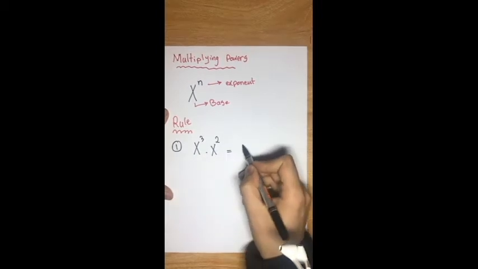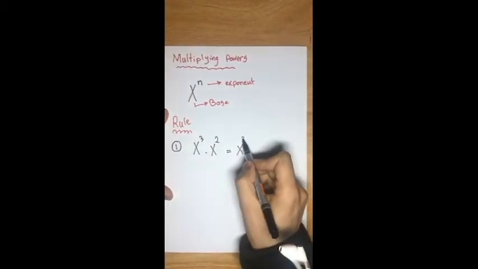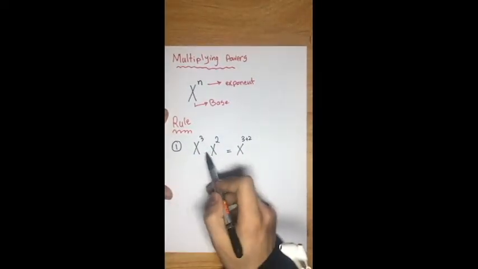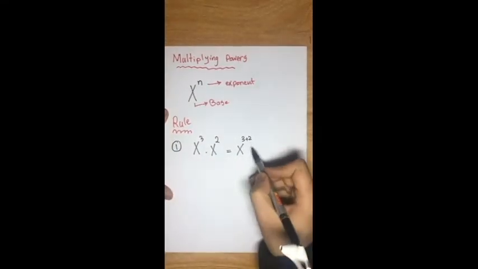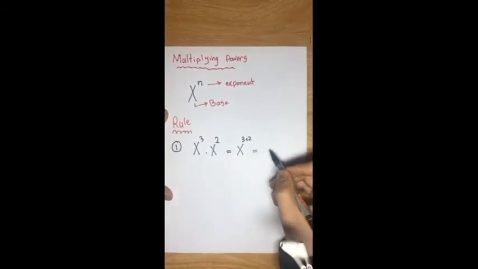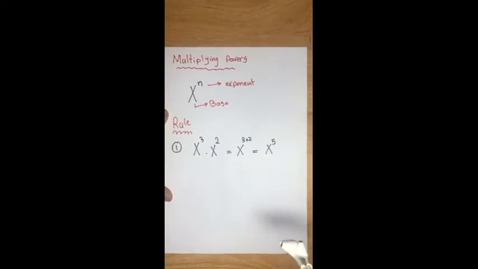We can say x to the 3 plus 2. If we have two exponents with the same base, then we have to add their powers, okay? So 3 plus 2 is equal to 5, and this is equal to x to the 5. This is the first rule.